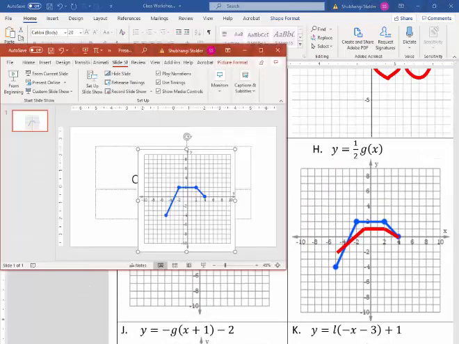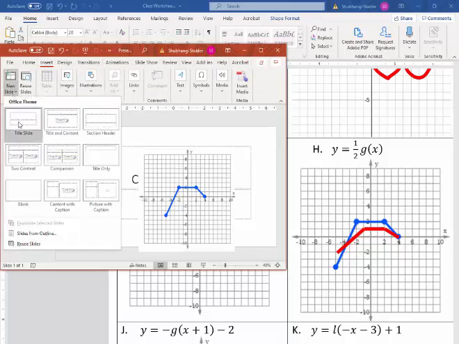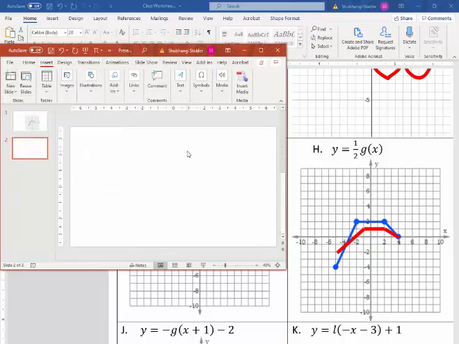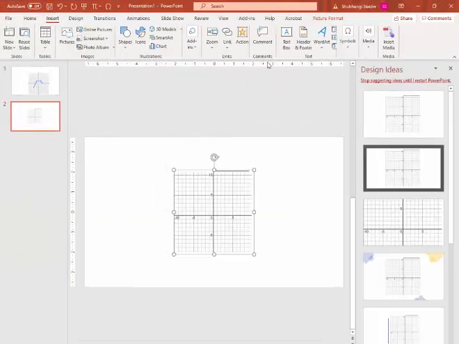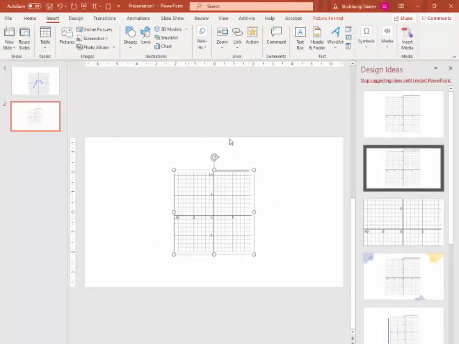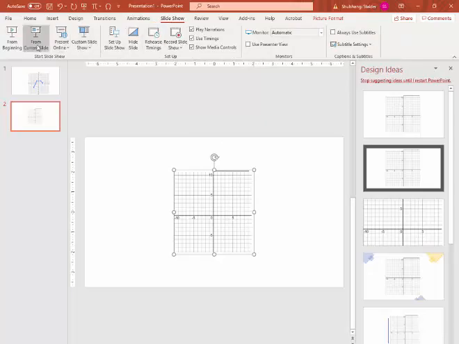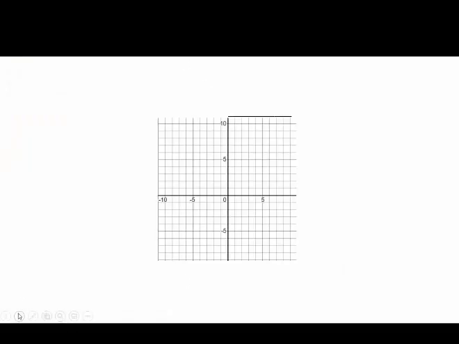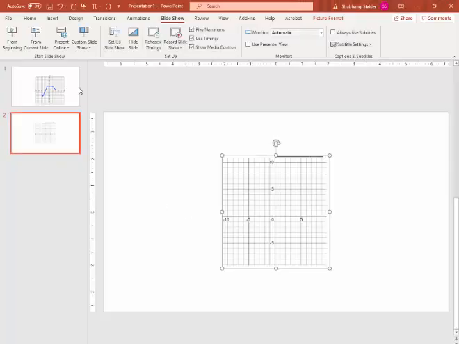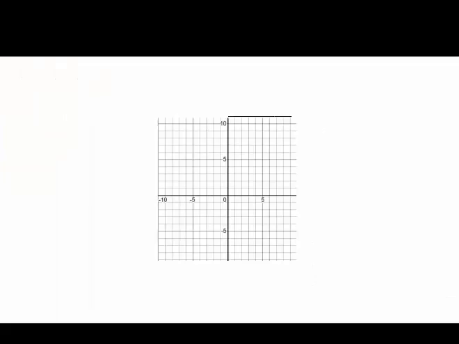All right, let's do one here. Slideshow, get a pen. Everybody try this on your own. So let's say your graph is this.